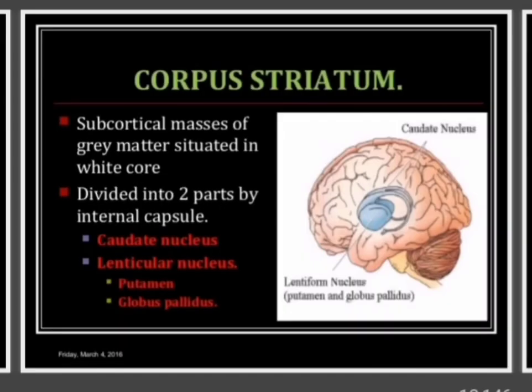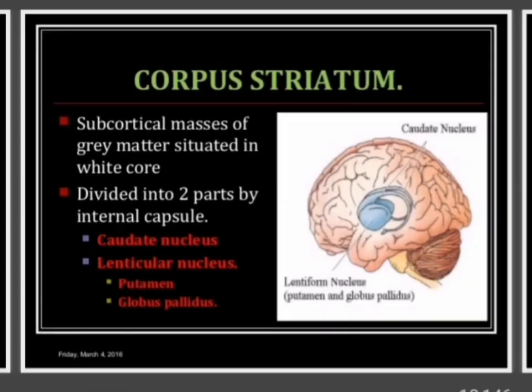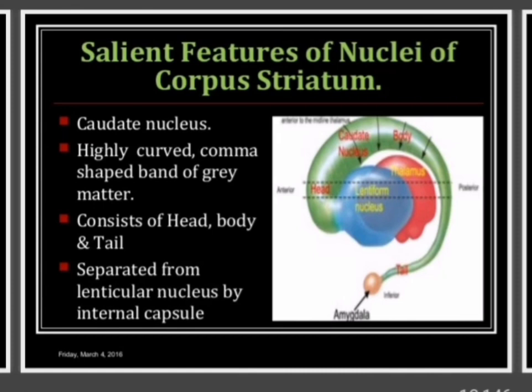Subcortical masses of gray matter: caudate nucleus, lenticular nucleus, putamen, globus pallidus. You are looking here at the caudate nucleus and lentiform nucleus in this figure. Salient features of nuclei of the corpus striatum. The figure is there.